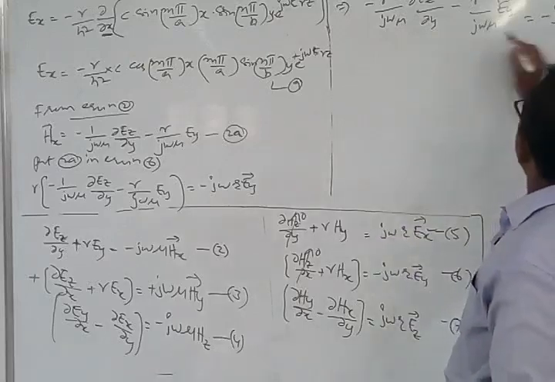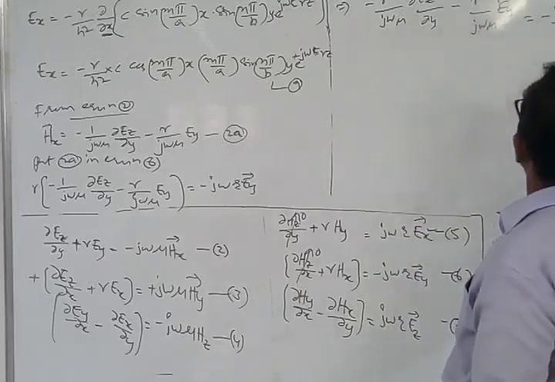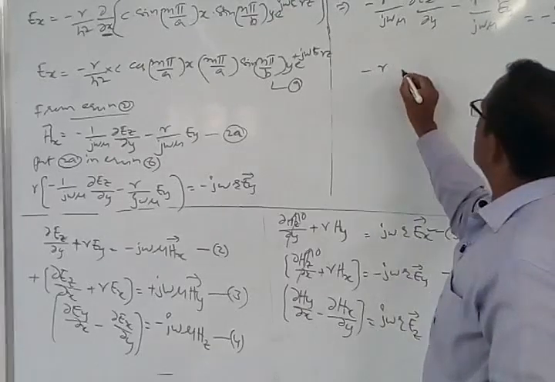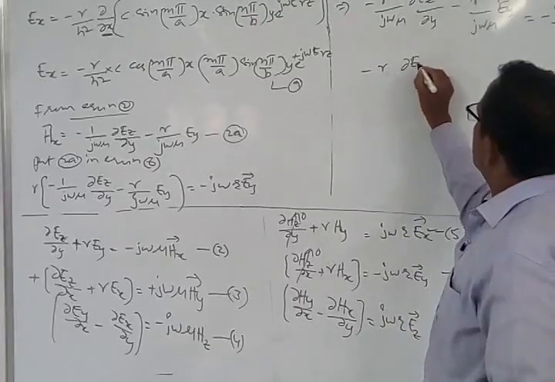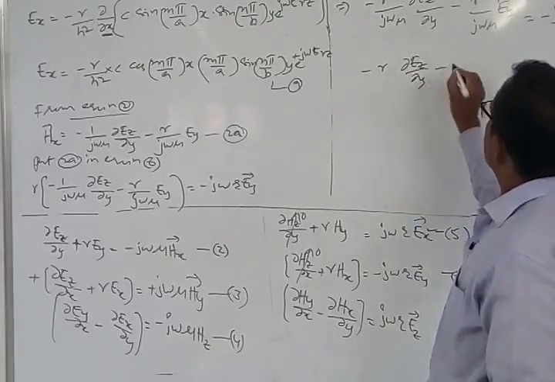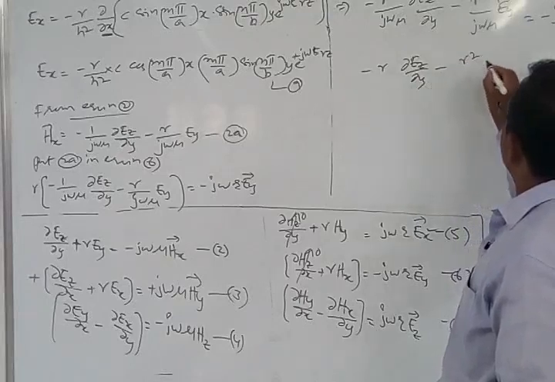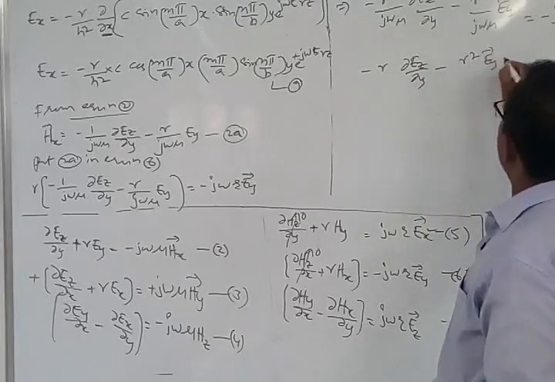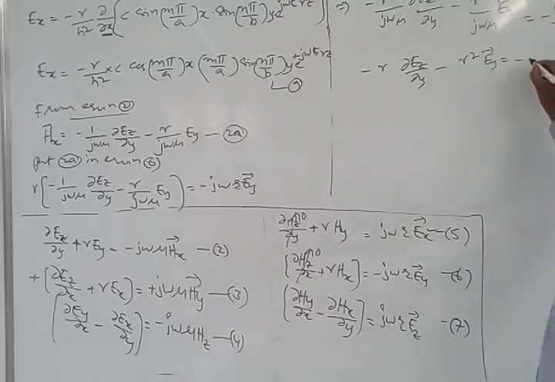Now when I simply multiply on either side with j omega mu, what I will be having now? Minus gamma ∂Ez/∂y minus gamma square into Ey is equal to minus j omega epsilon into, I am multiplying with j omega mu, so into j omega mu into Ey.